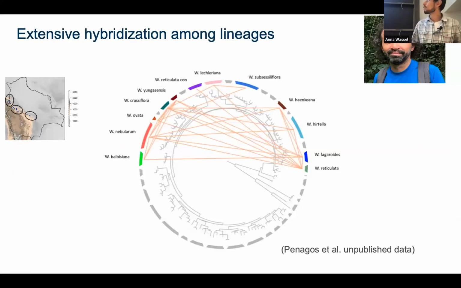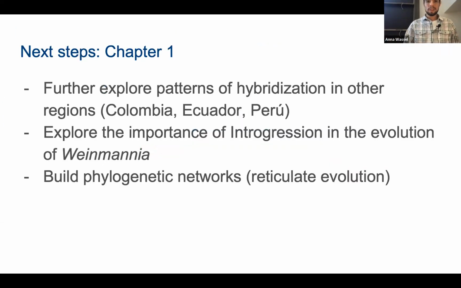Even with an extended number of species within this region, our collaborator has found that hybridization occurs among lineages regardless of the phylogenetic distance in relation to our phylogenetic tree. So this has led us to think that this also could be happening for the Northern Andes and the rest of the regions.